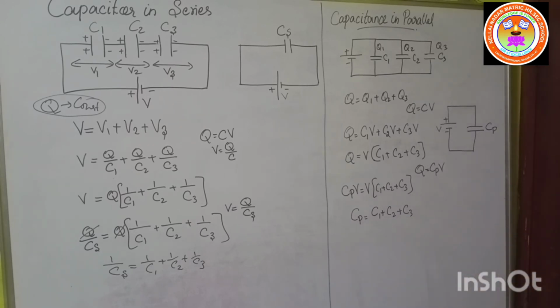We are adding all the capacitance values, so the equivalent capacitance of capacitors connected in parallel is equal to the sum of the individual capacitances. If you are adding all the values, the CP value must be greater. In a parallel connection, the area of each capacitor is added to give more effective area, such that the total capacitance value will be increased.